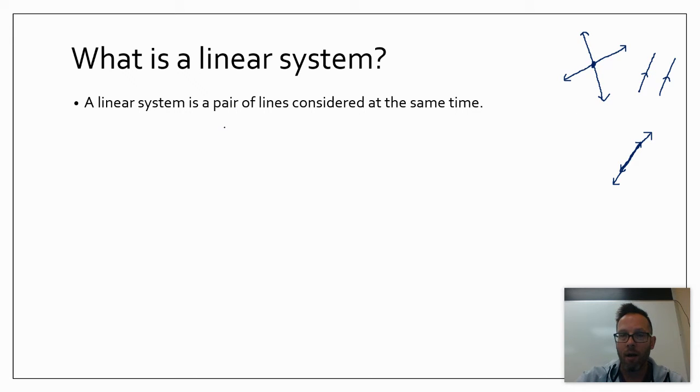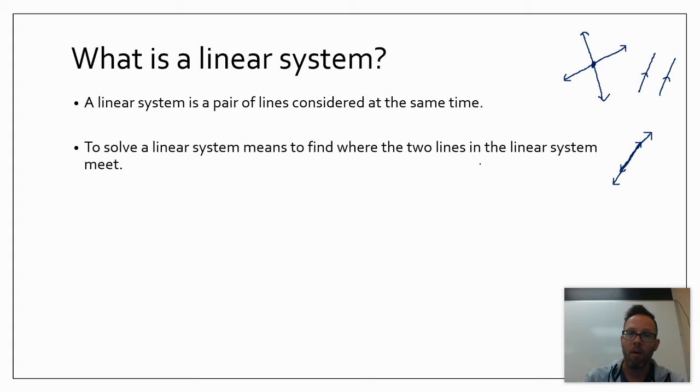So our work in this unit will be to look at a pair of lines and how they interact. Do they meet at a point? Are they parallel, et cetera? And we're going to be solving linear systems. To solve a linear system means to find where the two lines in the linear system meet. A lot of the time, they're going to meet at a single point, and we want to find out where that point is.